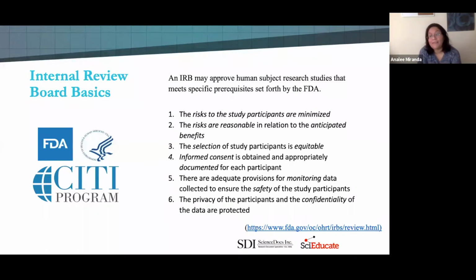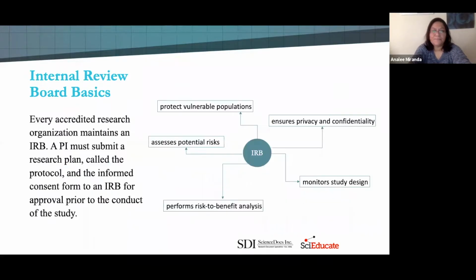All right, and then the most important, I think, is that they ensure the safety of all of the study participants and that the confidentiality and the information is protected. Okay, and all this information can be found in the FDA and the link that I provided below.